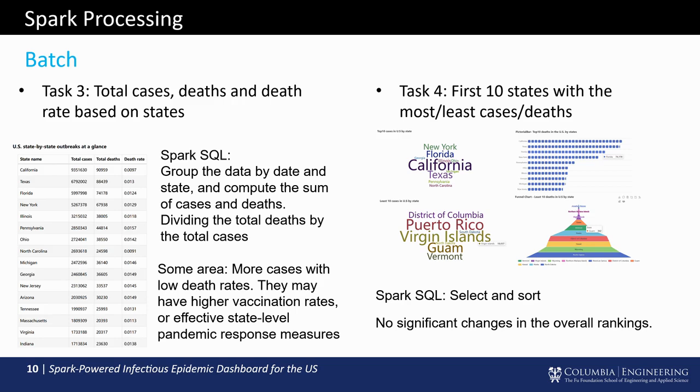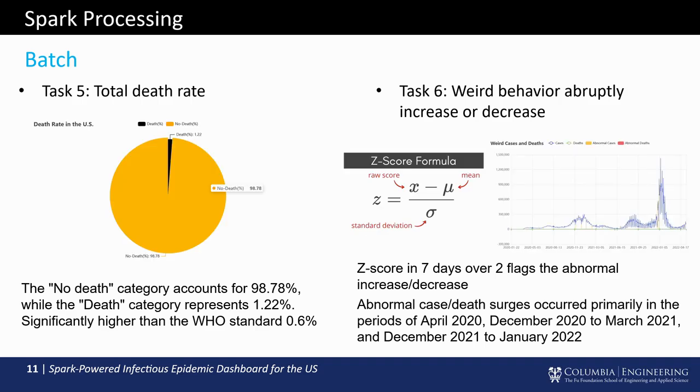In task 4, which shows the top 10 states with the most or least cases or deaths, we use Spark SQL to select and sort. There is no significant change in the overall rankings.